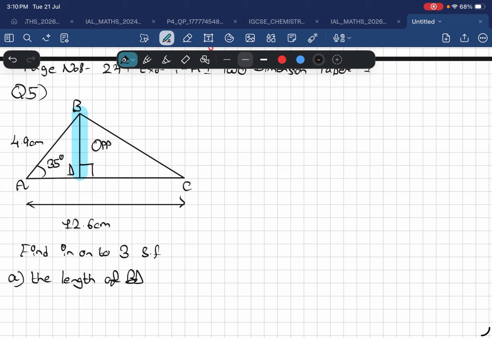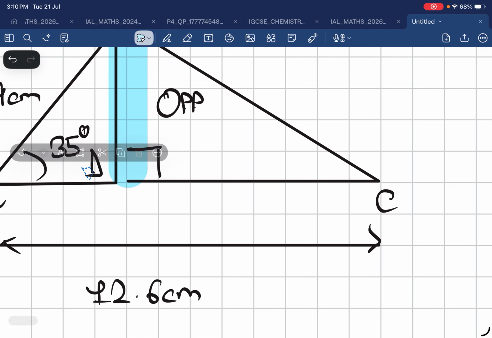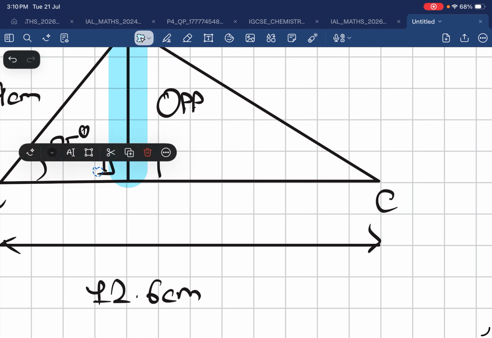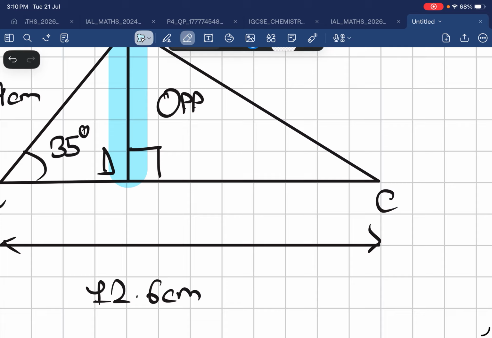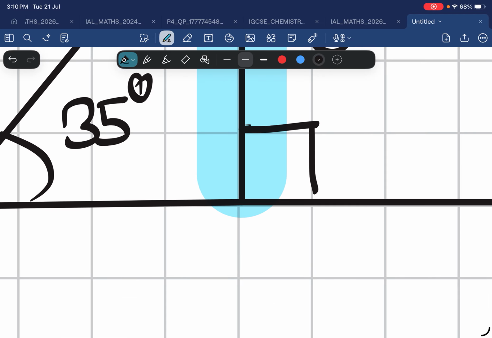And what are we given with? My mistake. This side is also 90.